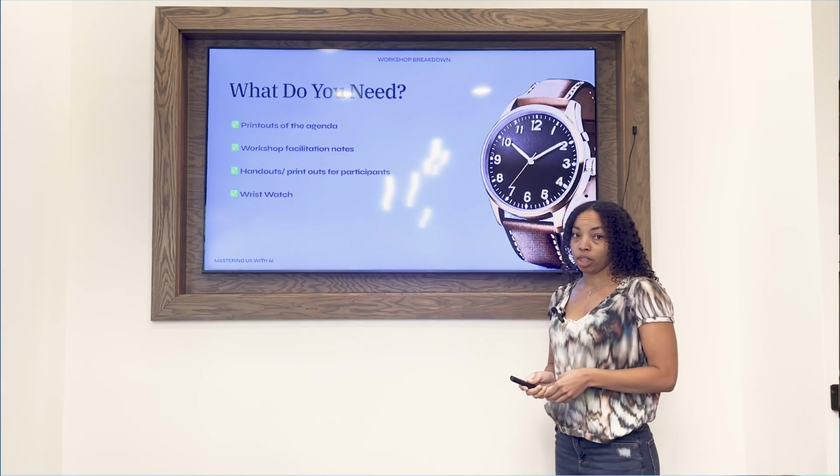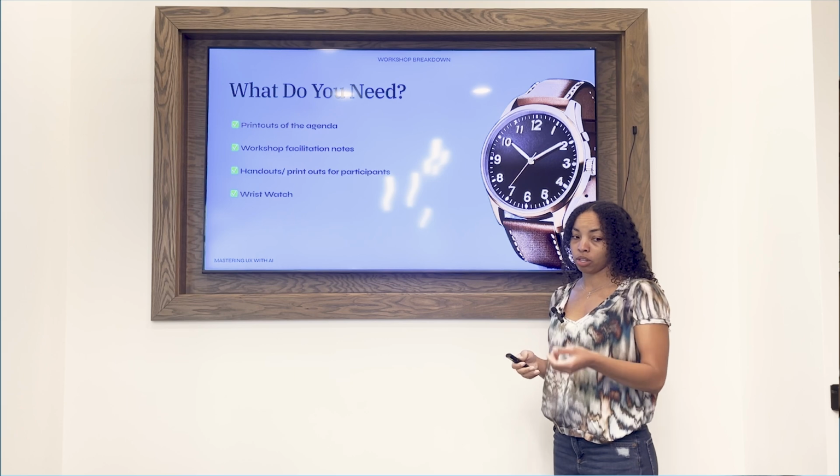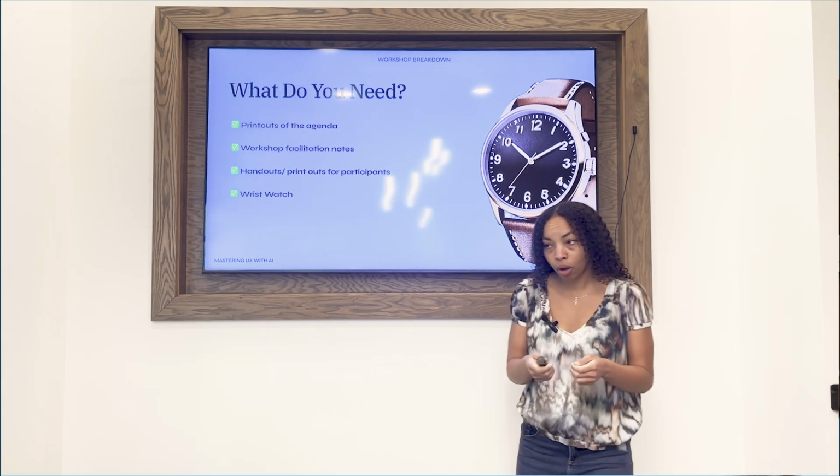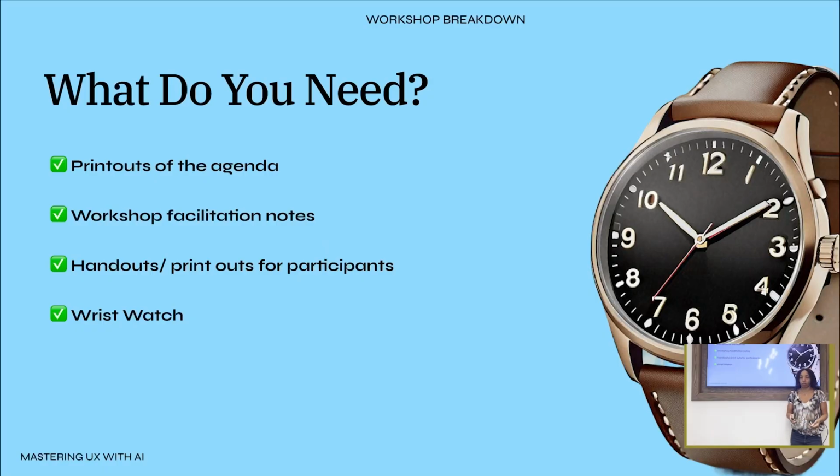Make sure that you have copies of it, because you don't want to be checking your phone or jumping into your laptop to figure out what time it is or when you need to move on to the next activity. You're probably not going to remember it, even though you probably spent days and days planning it. Whenever you're in your workshop, if you're doing it in person, it's really easy to get distracted by what's happening in front of you. So having that printout to rely on is going to be super helpful, and bring multiple copies.